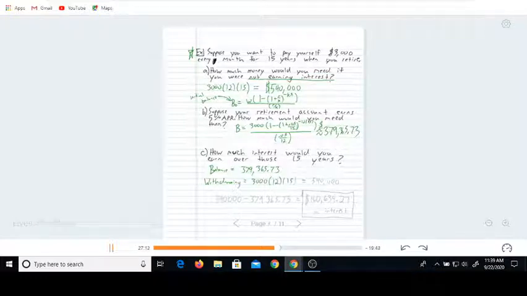That's $540,000. So even though we retired with $379,000, we're going to end up withdrawing $540,000 if we leave it in there and let it still earning interest. So how much interest is that over those 15 years? We'll just take the difference. Let's see here. And that comes out to $160,000.